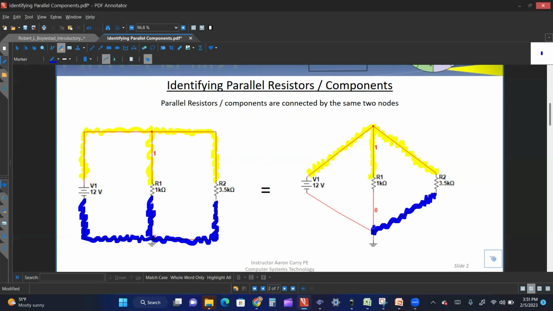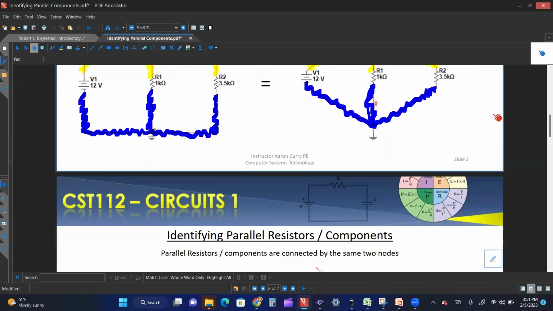So they're the same circuit, same principles apply. R1 is in parallel with R2. V1 is in parallel with R1 and R2. All right, so let's move on to the next one.